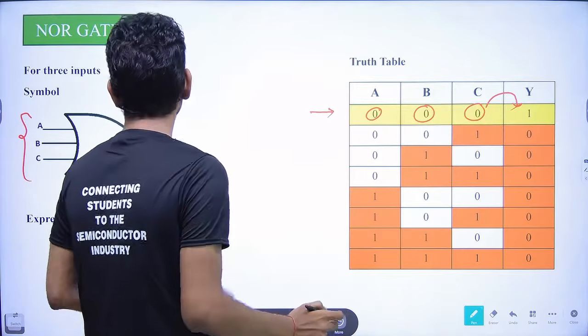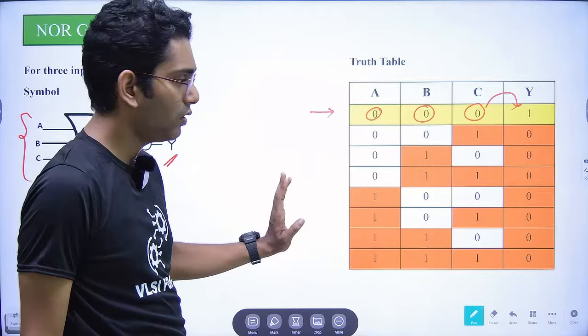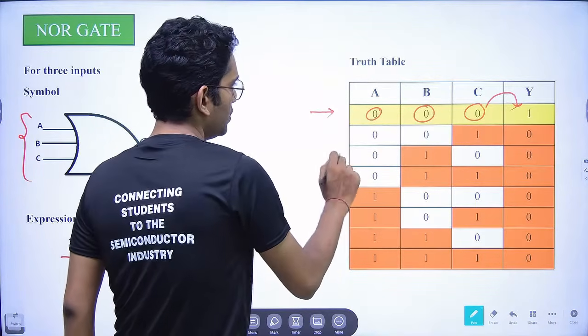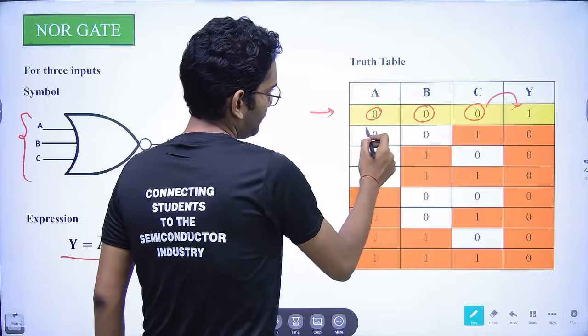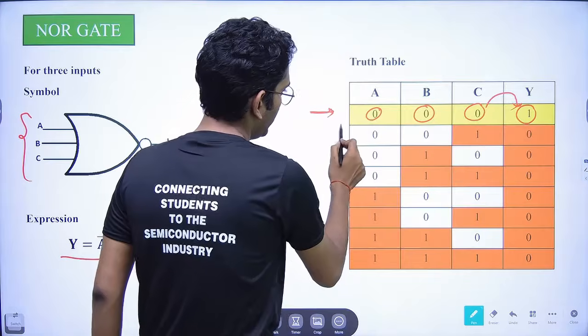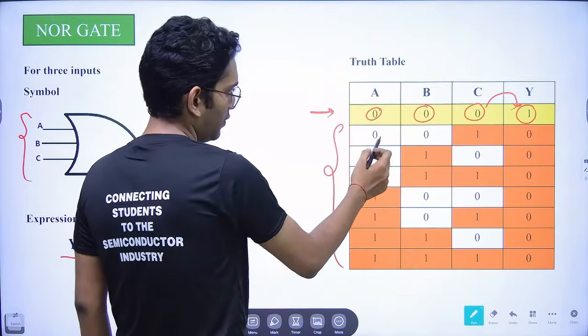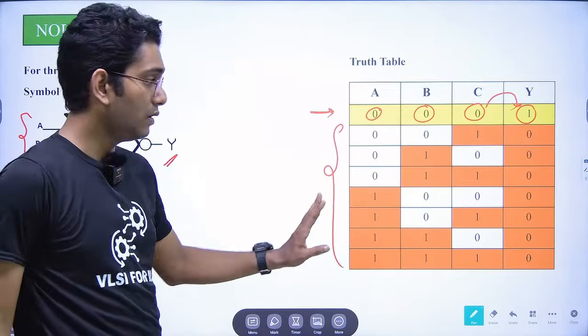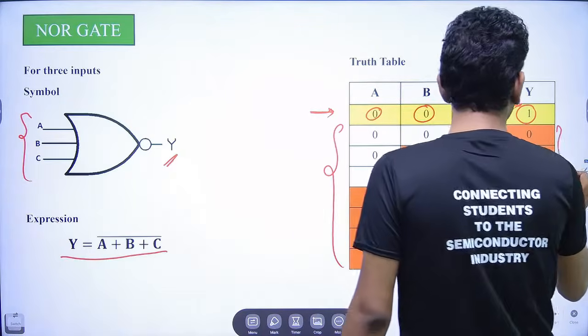In all the other cases, at least one of the inputs is 1, so we get 0 as our output.